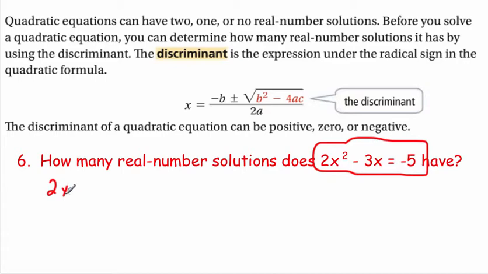So first I would get everything to one side. 2x squared minus 3x, plus 5 equals 0 because I pulled the 5 over. A is 2, B is negative 3, and C is 5.